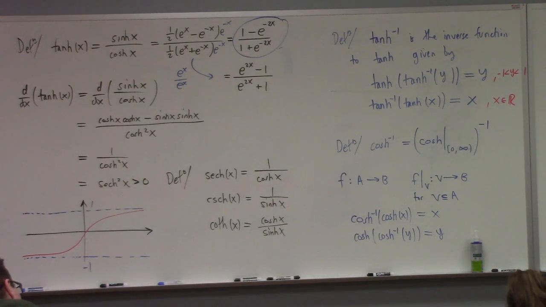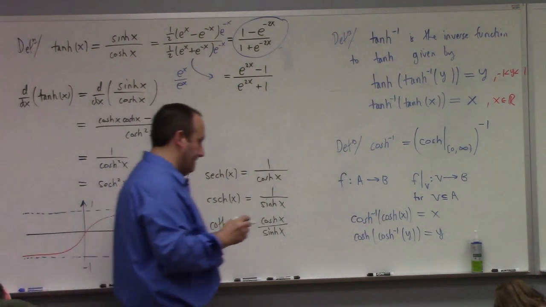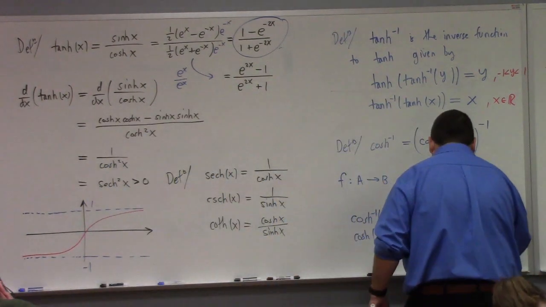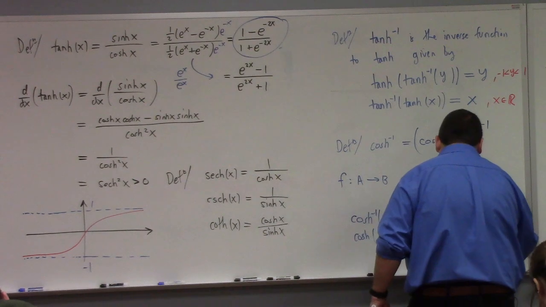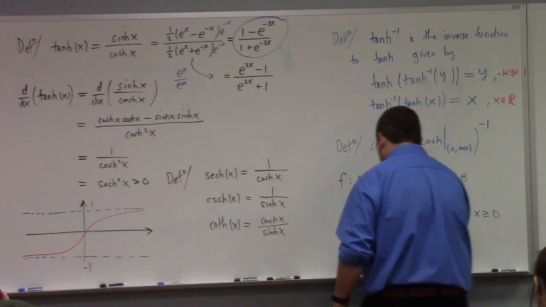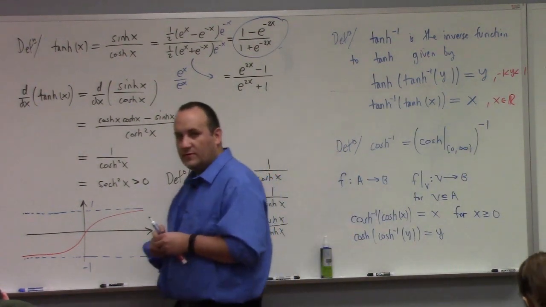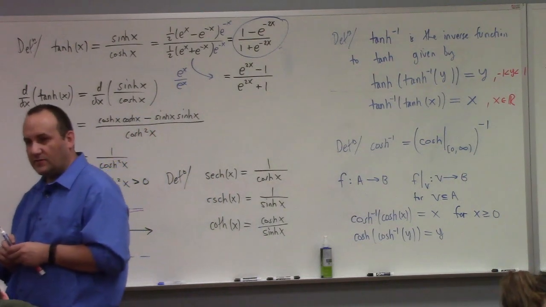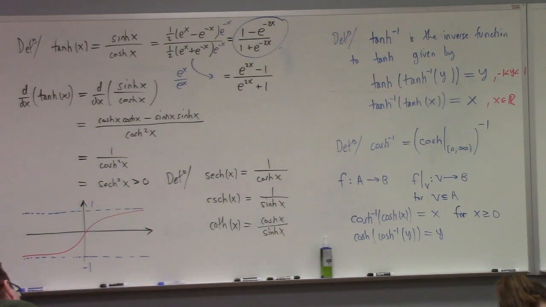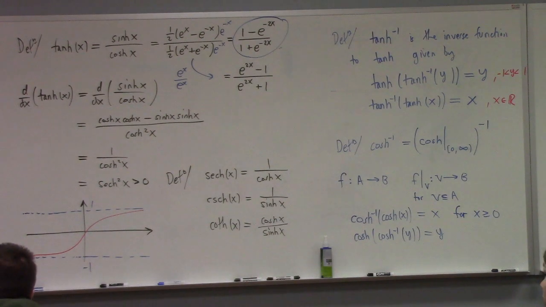It's actually just going to be for x greater than or equal to 0. And here, what's the domain of inverse hyperbolic cosine? It's the range of hyperbolic cosine, which is what? One to infinity.